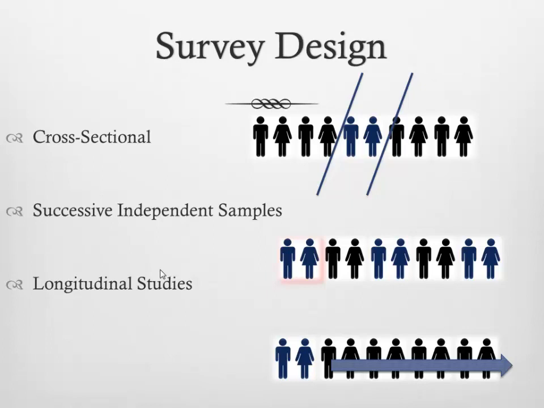Or, if you wanted to track people throughout the whole rehabilitation counseling process, rather than following people through the process, so doing a longitudinal study, which sometimes is the most appropriate approach, and certainly a very useful and important approach to survey research design. Sometimes that's the best way to do it.